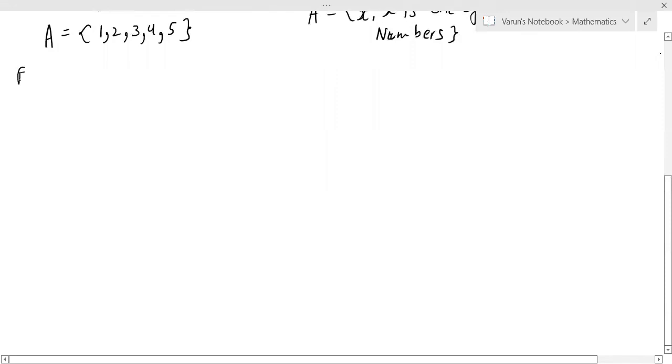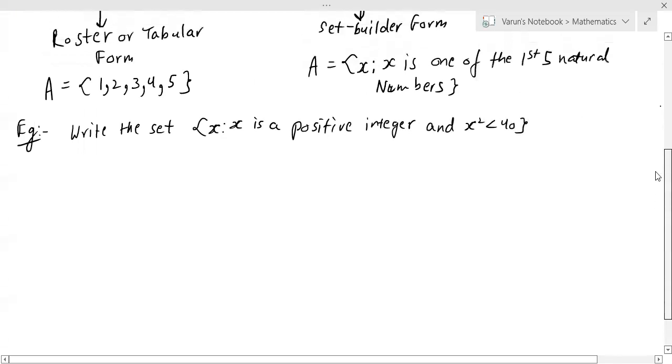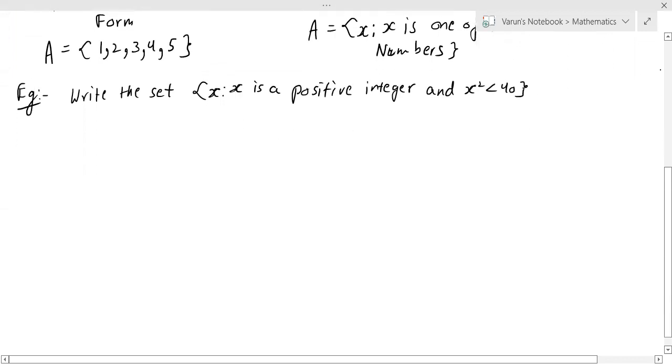If I say write the set X, X is a positive integer and X square is less than 40. Which form is this? Can you identify? Set builder form. Very good. It is the set builder form.